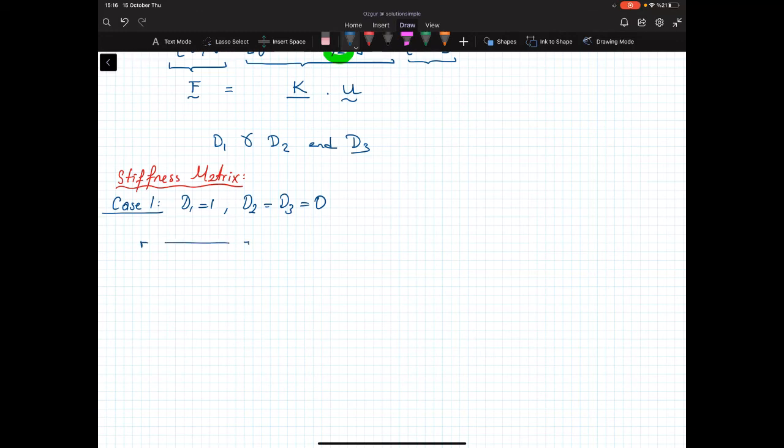So again, we show the discrete version of the structure. I'll just show it for the first case. We are saying that that's unit translation. That's unit translation. And these are the stiffness coefficients.